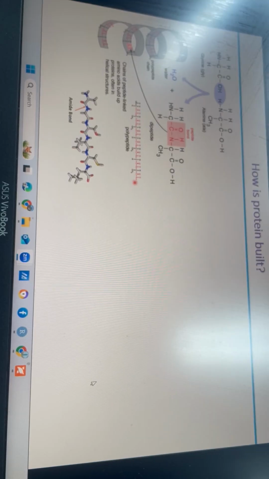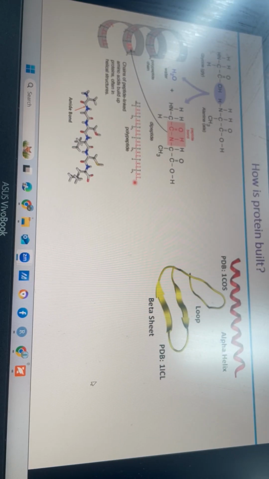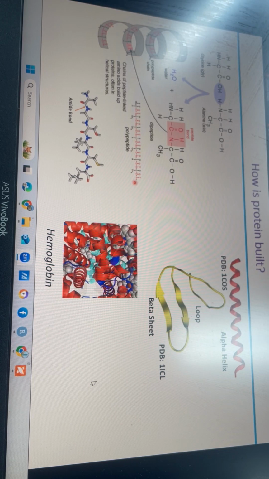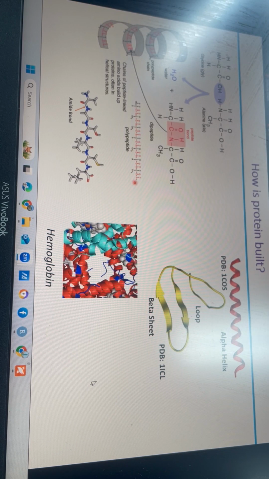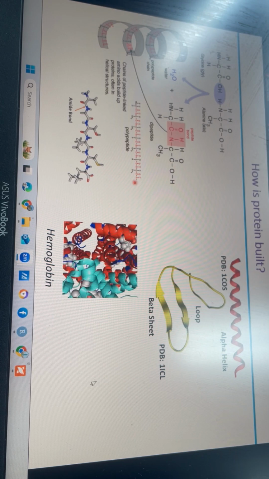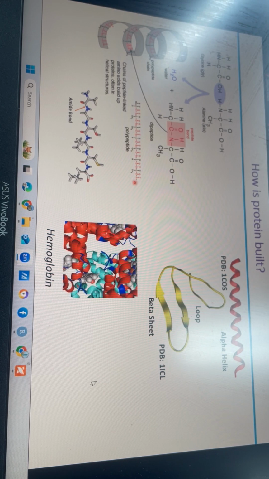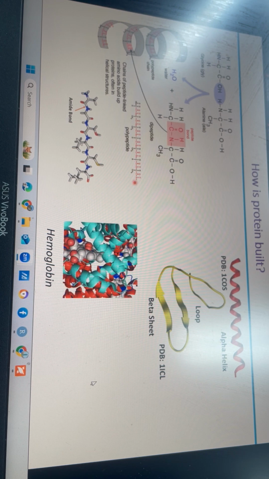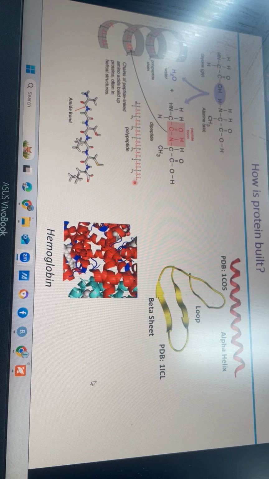Okay, and then when these amino acids join together, they can have different secondary structures. They can have alpha helix, they can have beta sheet, they can have loops, and then they also have tertiary structure and quaternary structure. So they have primary structure where you have all the amino acids. Then these amino acids can make different types of hydrogen bonds or van der Waals interactions.